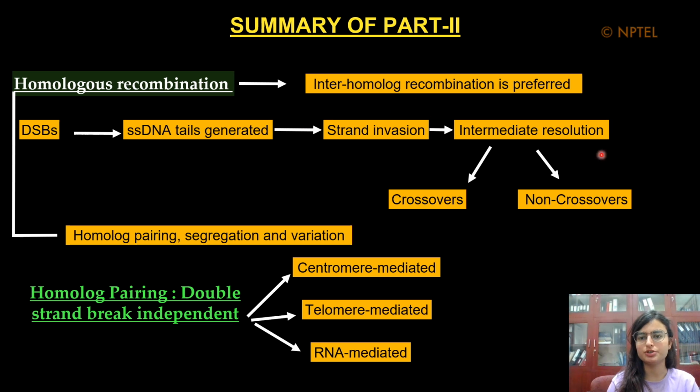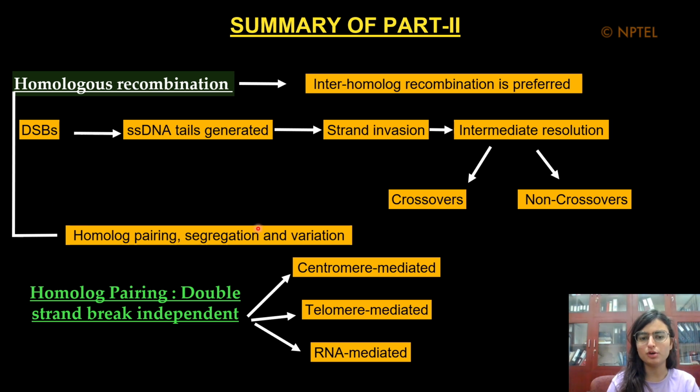After strand invasion, intermediates are formed. Typically during the crossover process, the double Holliday junction is formed. Proteins called Holliday junction resolvases resolve such intermediates, and then there is generation of crossover and non-crossover products. We also studied that homologous recombination is responsible for homolog pairing in the canonical meiotic pathway.